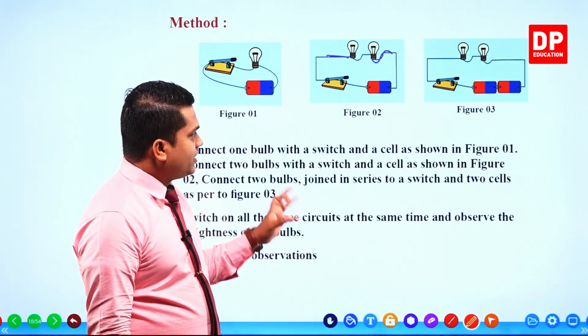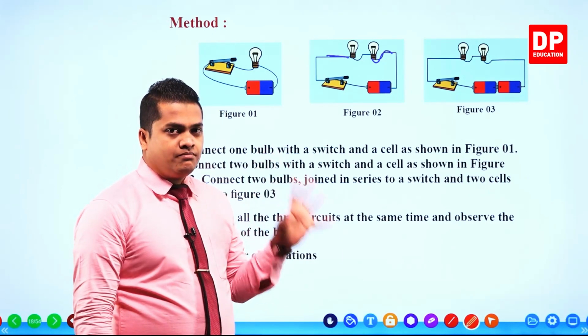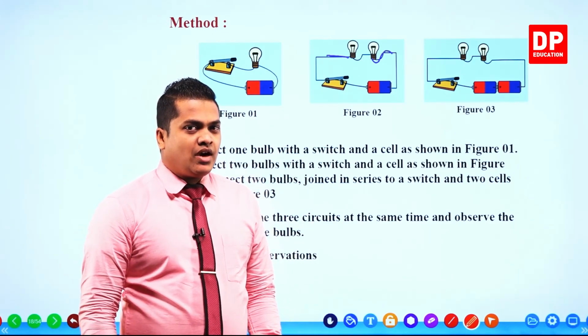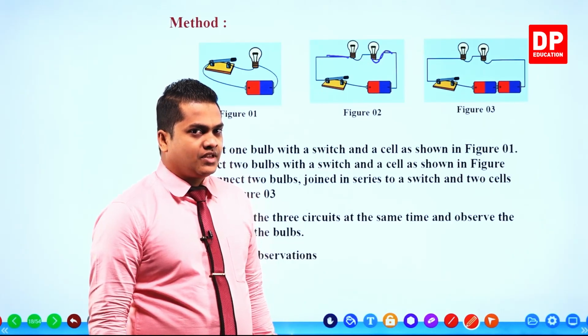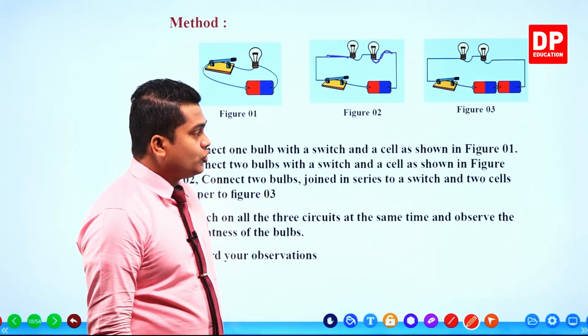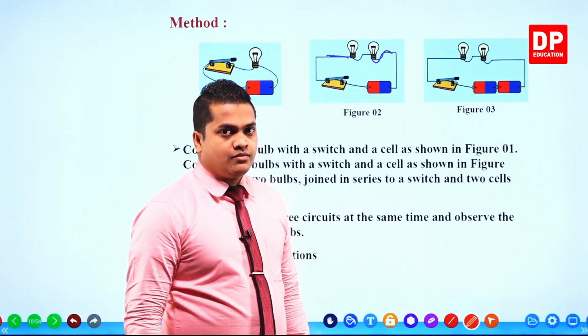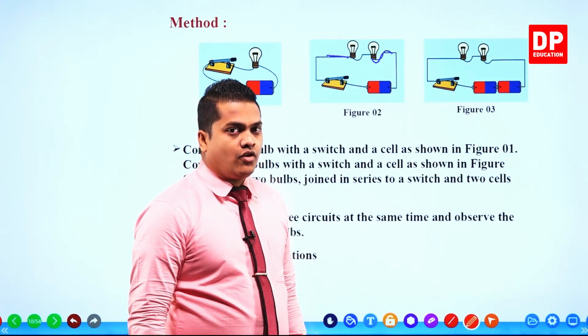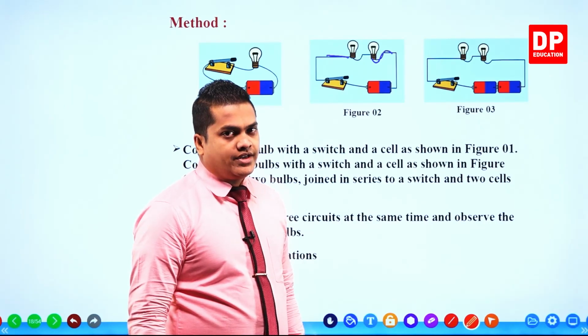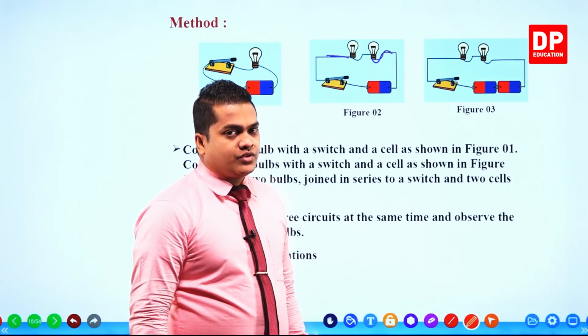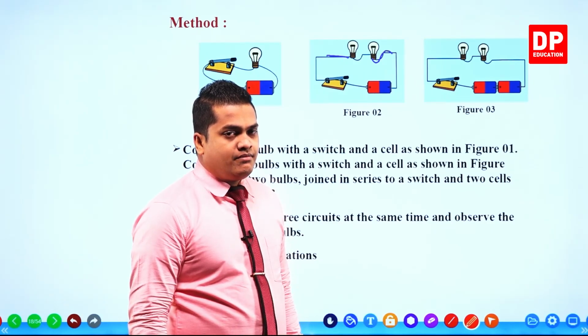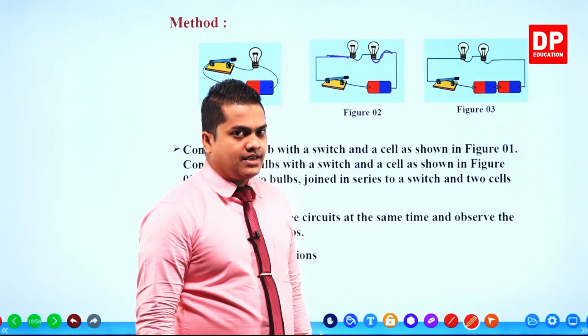So you have to connect 2 bulbs in a series connection to a single dry cell. In the third figure, you have to connect the 2 bulbs, already connected in series, to 2 dry cells. So this is the way of making these 3 circuits.